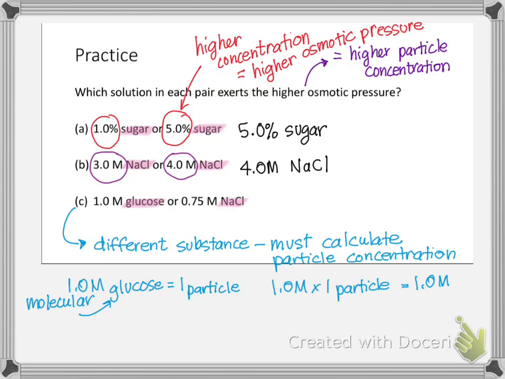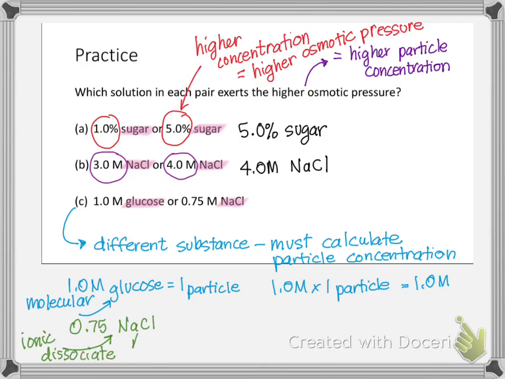Then if we look at the other one, I'm going to change colors of the pen. It's 0.75 M NaCl. It should be a capital C there, let me fix it. NaCl is ionic. Remember, ionic compounds, metals and nonmetals, dissociate, so they fall apart.